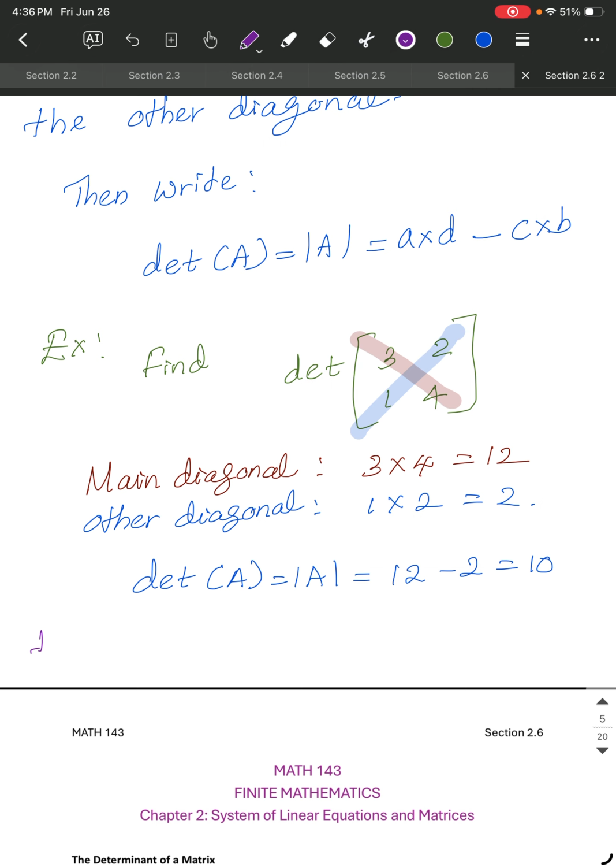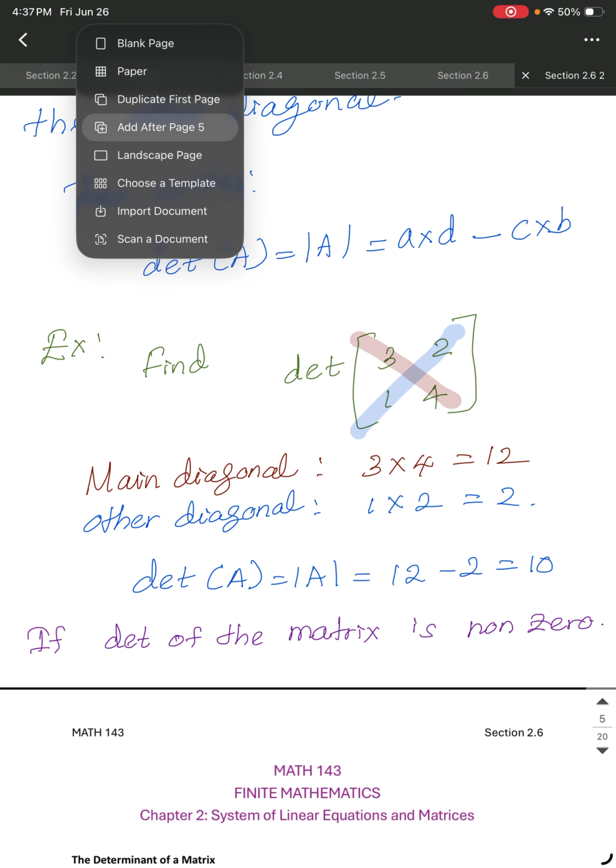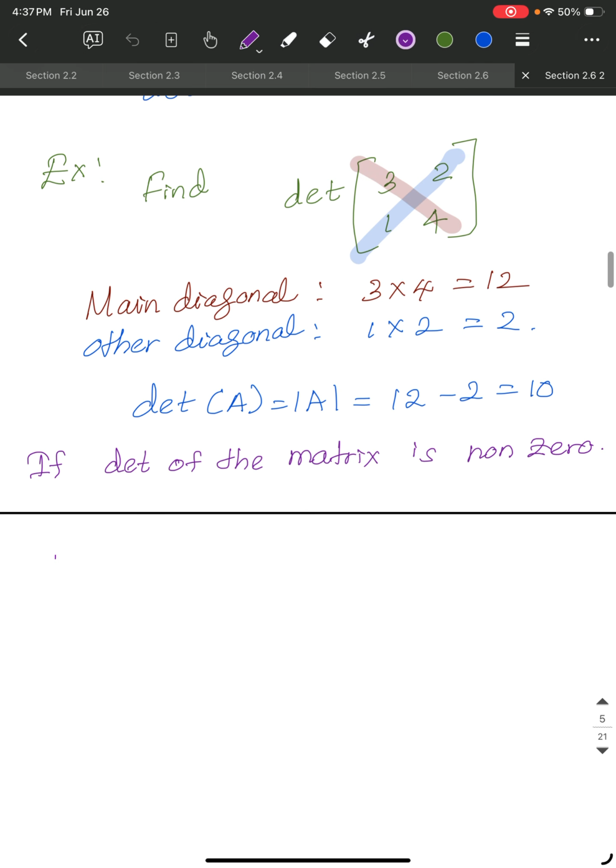If the determinant of the matrix is non-zero, the matrix has an inverse.